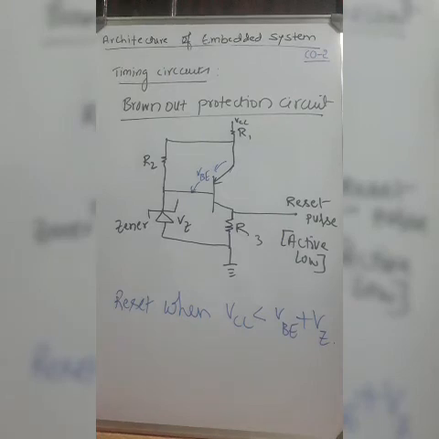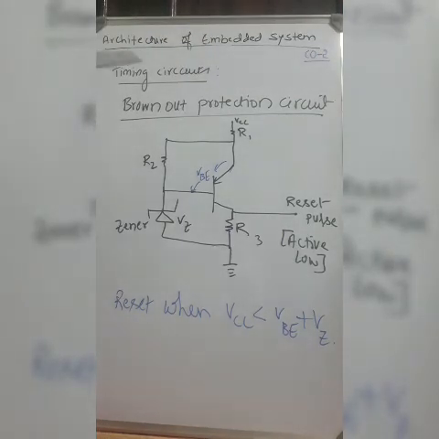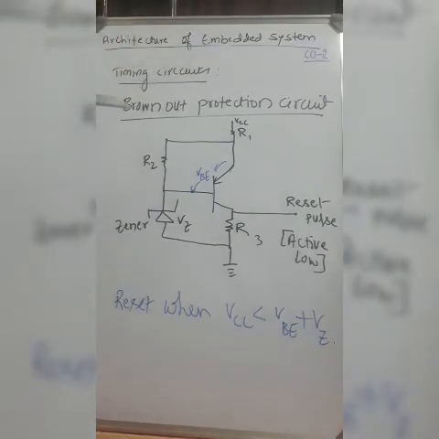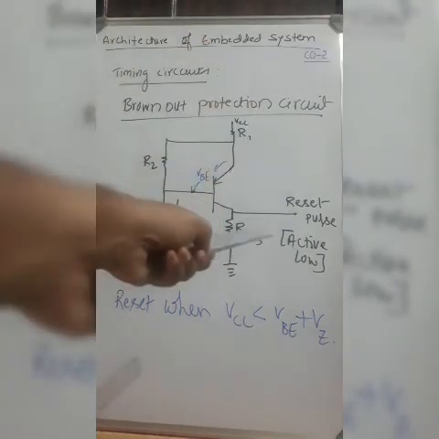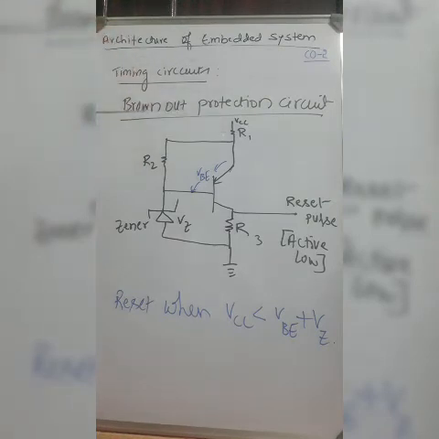Now let's get to know the brownout protection circuit. The use of a brownout protection circuit in an embedded system is that when the voltage falls below a reference voltage, the embedded system will enter a reset state and remain in the reset state till the voltage that is applied exceeds the reference value.